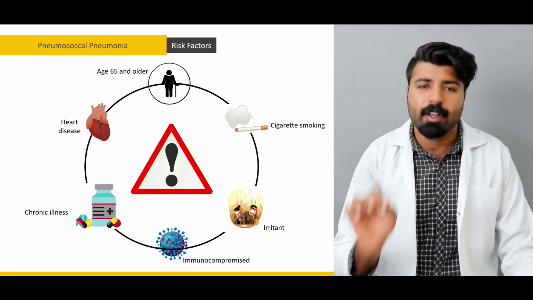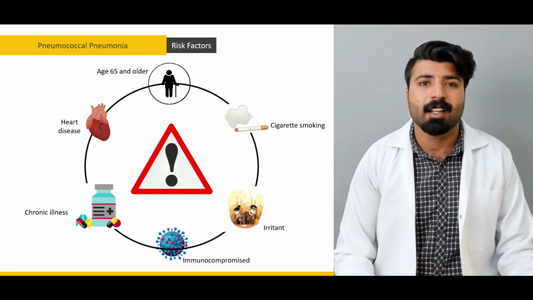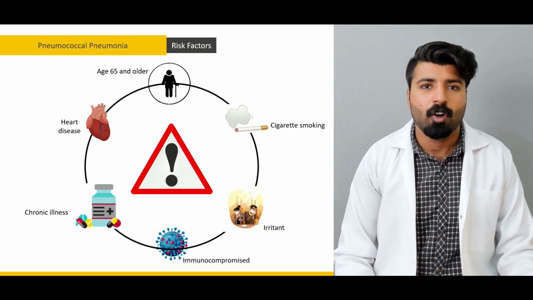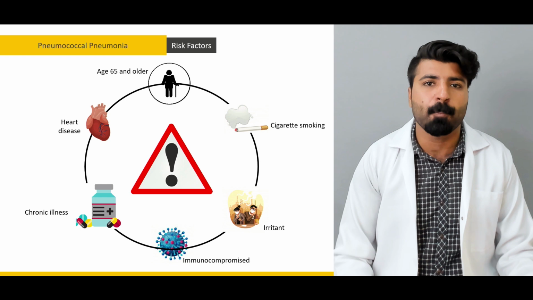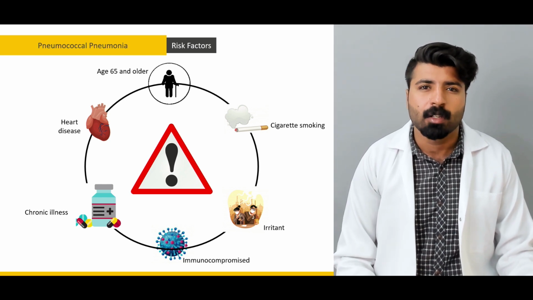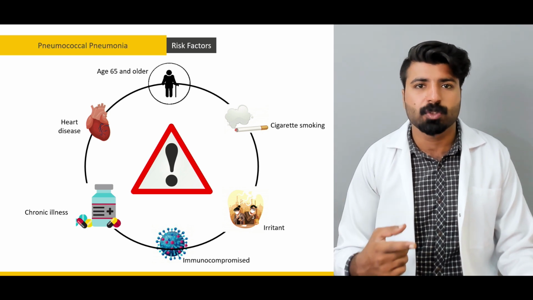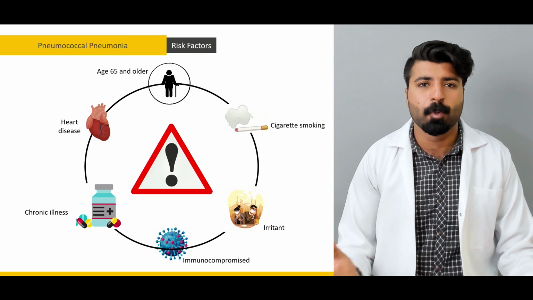There's one very important risk factor which has not been mentioned here, and that is asplenia. If a spleen has been removed or a spleen function has been compromised, that person is going to get it. Why? Because all of the blood goes to the spleen for removal of the waste products.